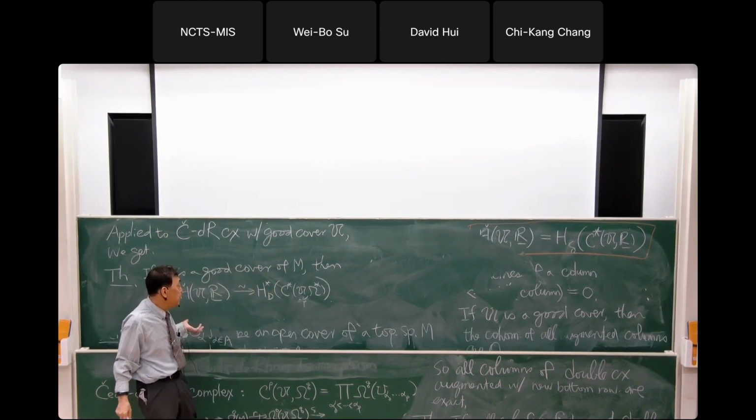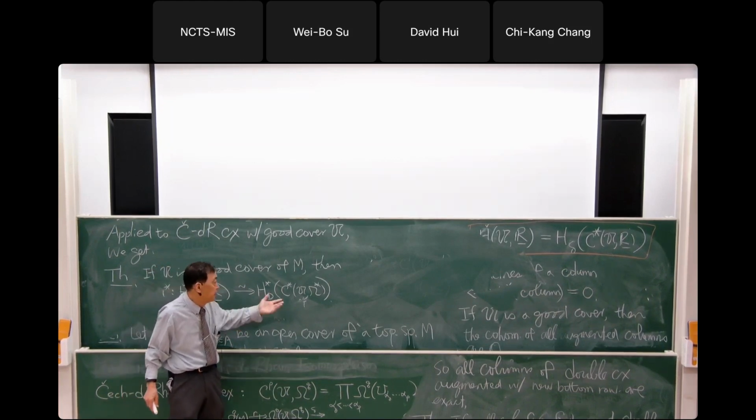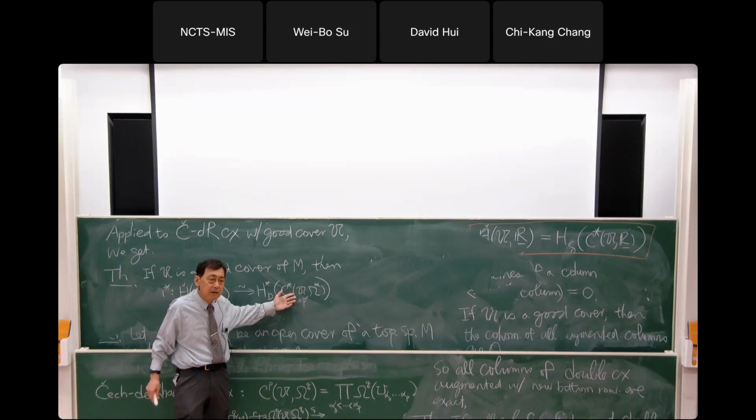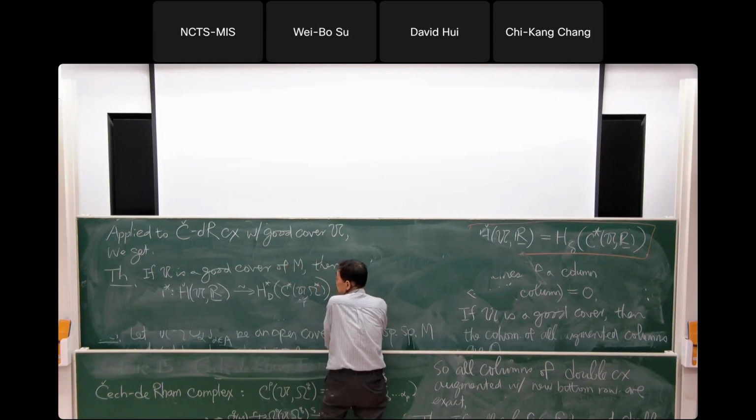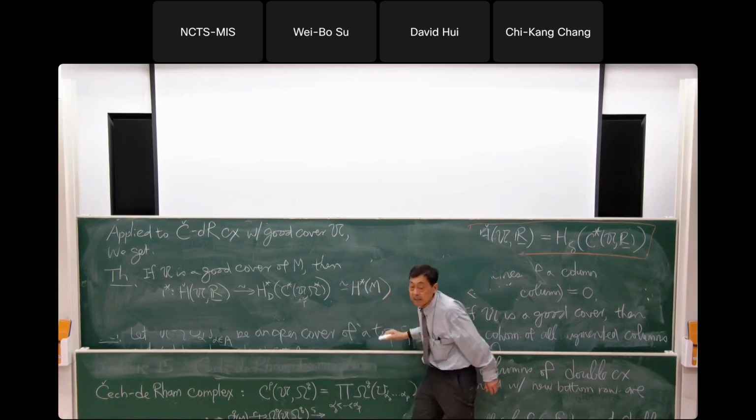But we already know that for any manifold, the de Rham cohomology is isomorphic to the cohomology of the double complex. So this is isomorphic to the de Rham cohomology of M.